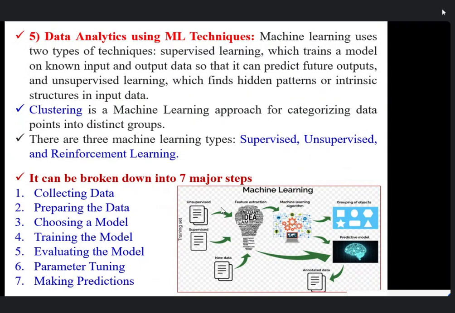Then data analysis using machine learning. So machine learning is nothing but learning from the observational data, which includes supervised, unsupervised, and reinforcement learning, which trains a model on known input and output data so that it can predict future outputs, relationships, meaningful data, interesting information, and unsupervised learning, which finds hidden patterns or intrinsic structure in input data.